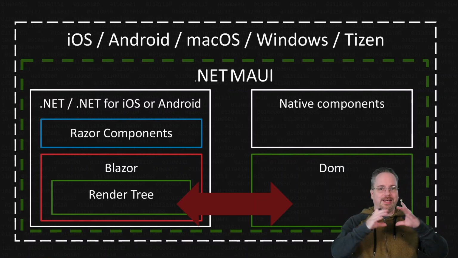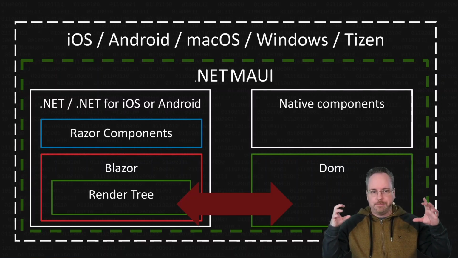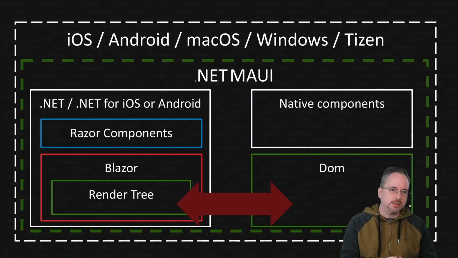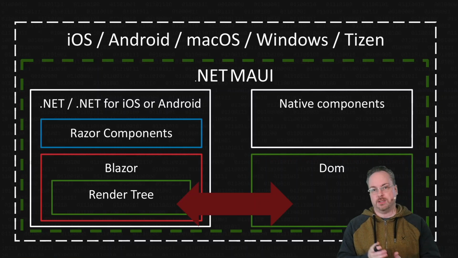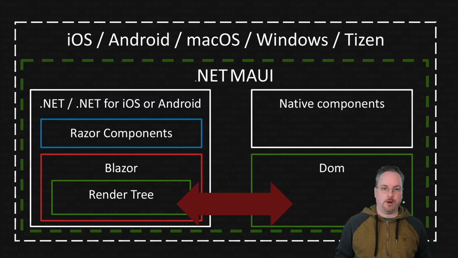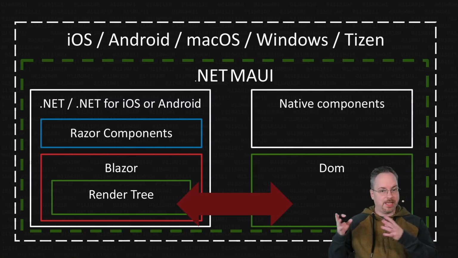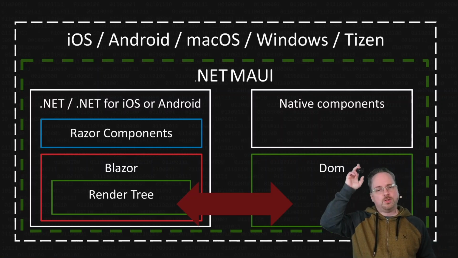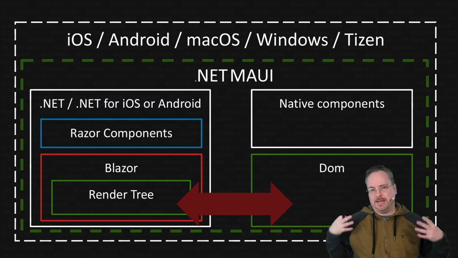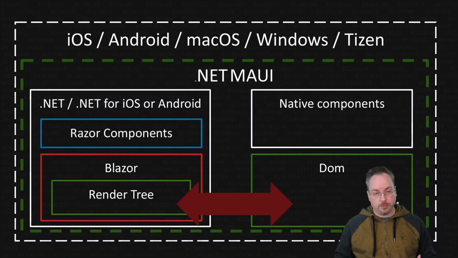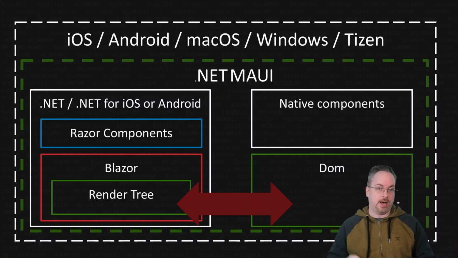We're running inside of .NET MAUI, and we're running on .NET or .NET for iOS or Android. Same Razor components, same Blazor, same render tree, same DOM, and we can also combine it with native components as well. So we can combine native and hybrid here.